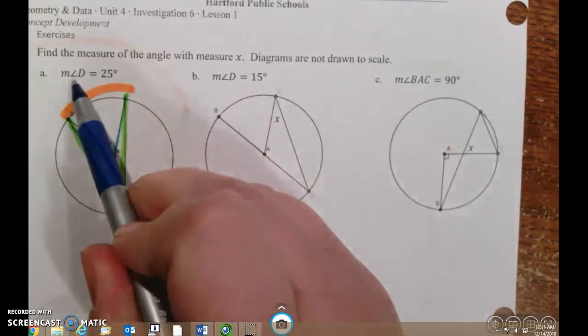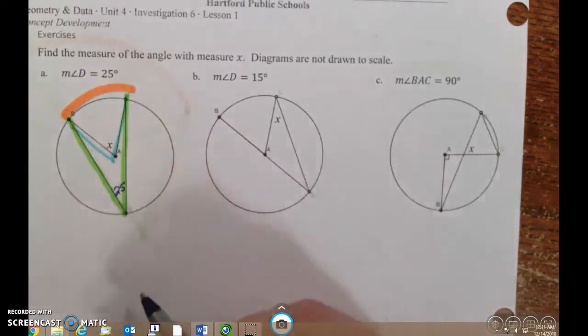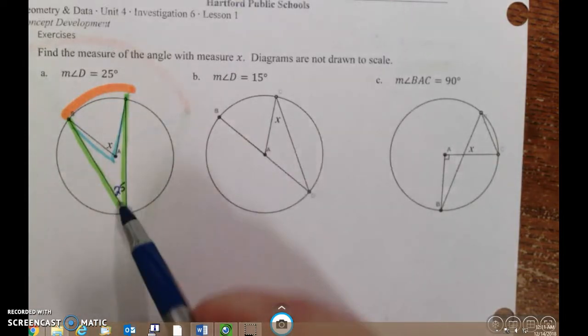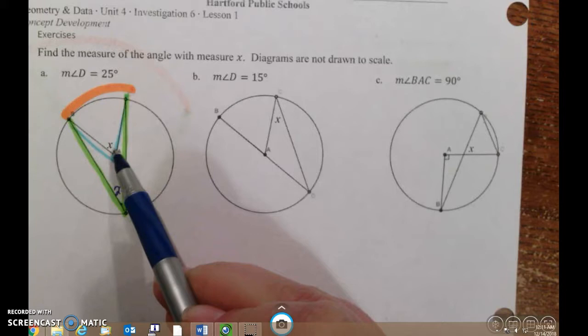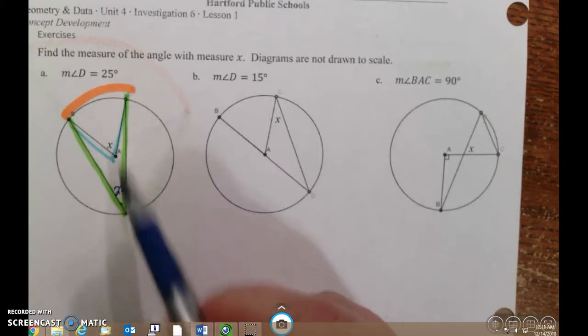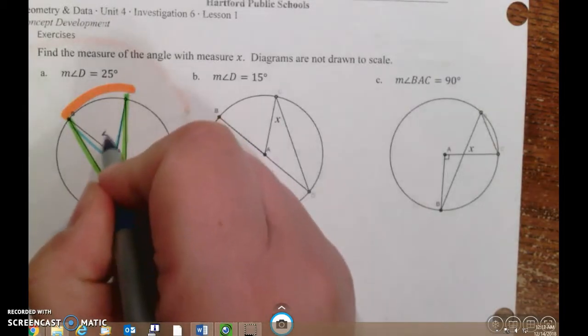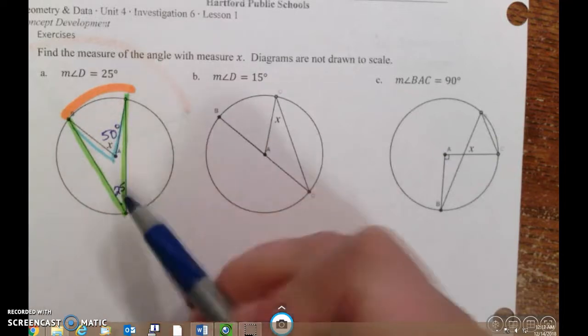So they're telling me angle D is 25 degrees. And so what I know is if the inscribed angle is half of the central angle, then the central angle will always be double the inscribed angle. So in this case, I know that x equals 50 degrees because it's double 25.